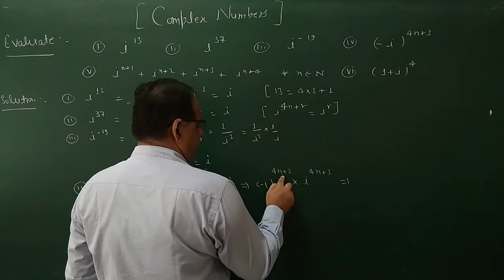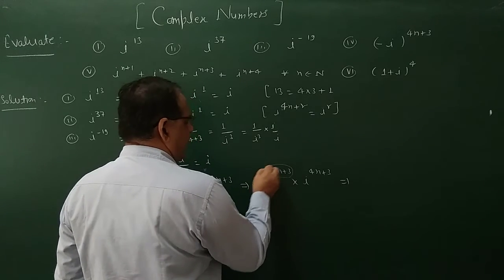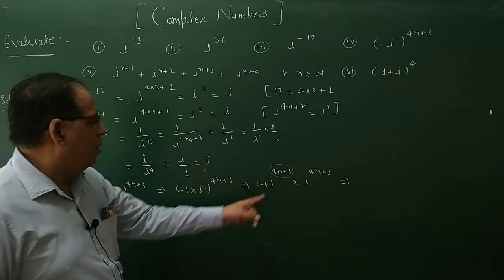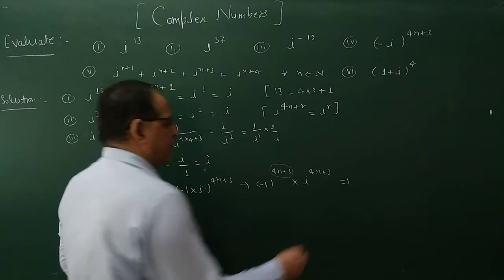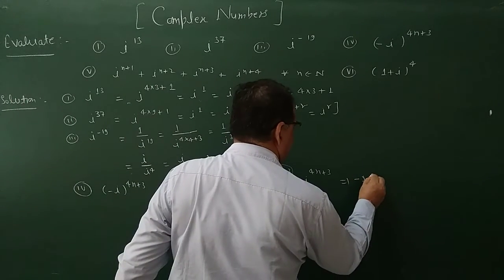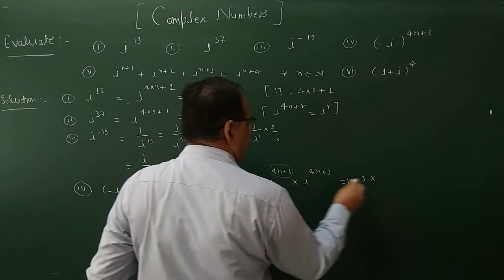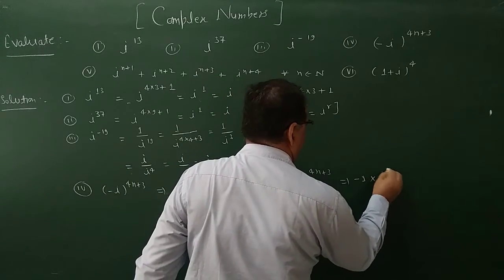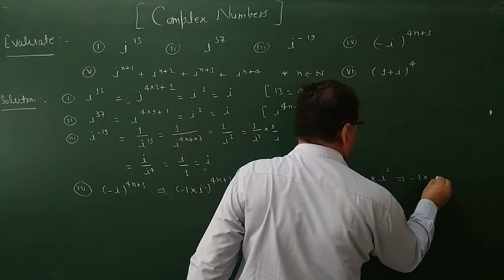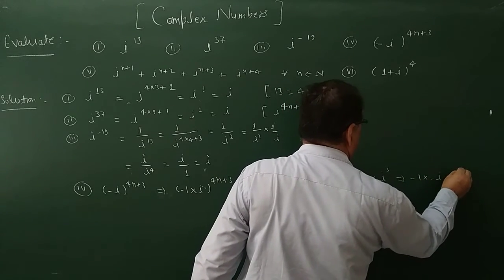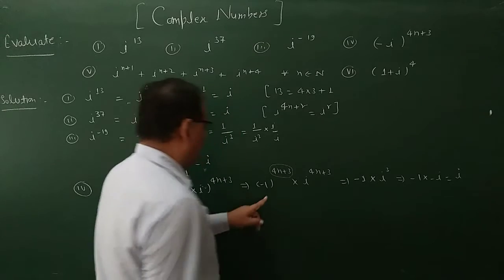Now this number is always an odd number for each integer n. So this becomes minus 1, and iota to the power 4n plus 3 becomes iota cube. So finally we have minus 1 into minus iota, that means iota.